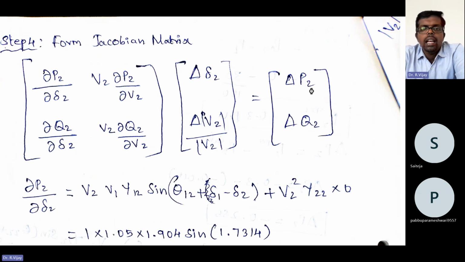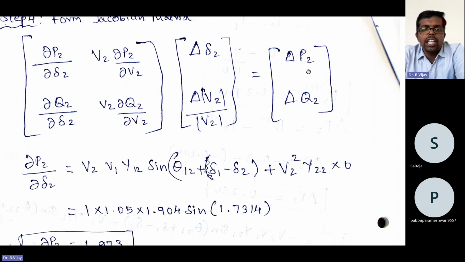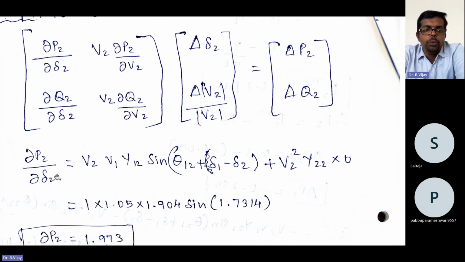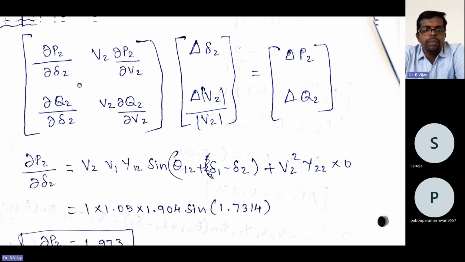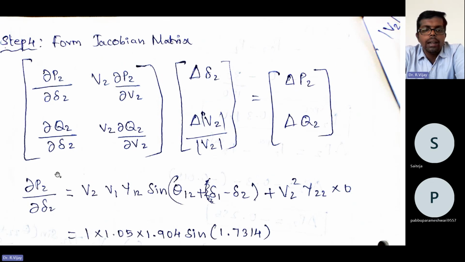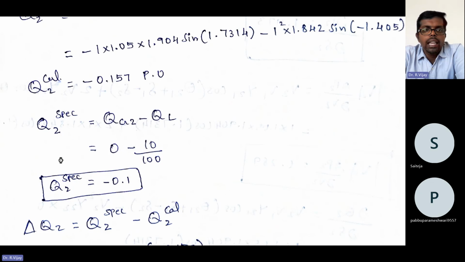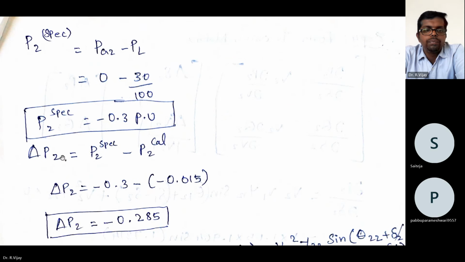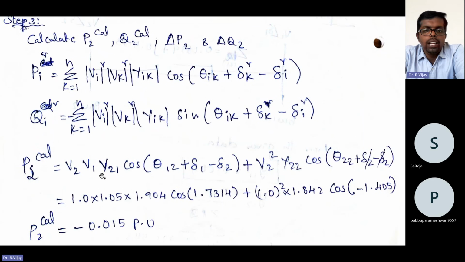So here we are formulating the Jacobian matrix. For del P2 divided by del delta 2, whatever value we got for P2, you need to differentiate it with respect to delta.